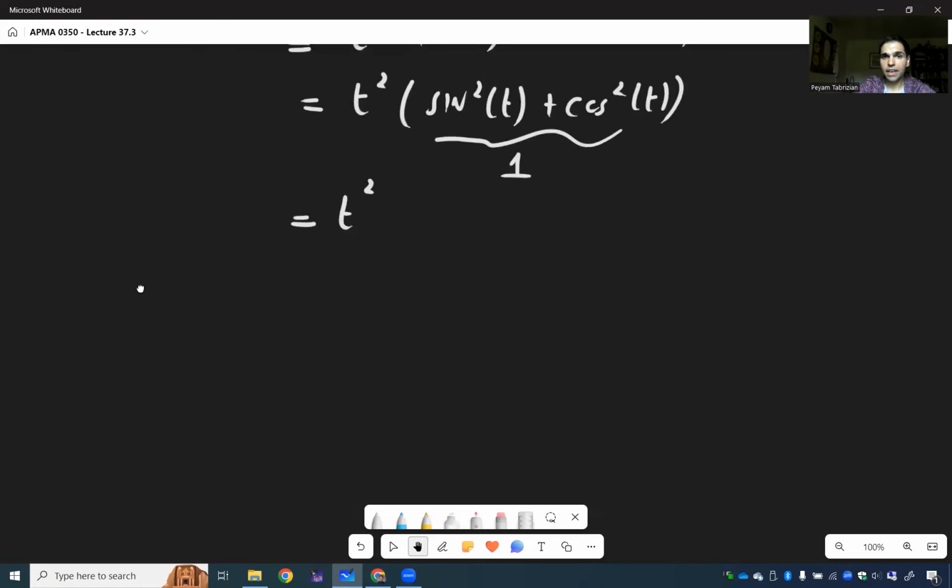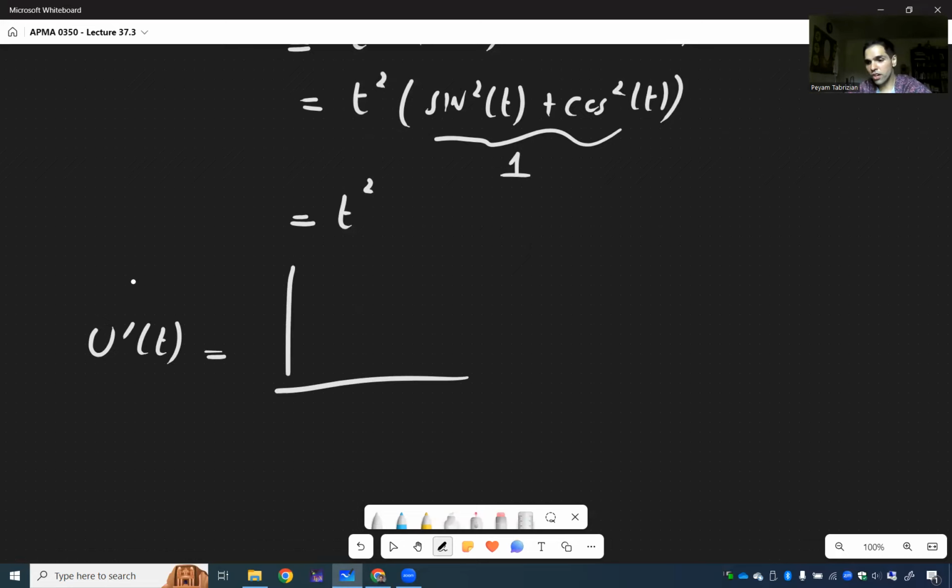That's one thing. And then for u prime of t, remember, we replaced the first column by the inhomogeneous term, which was t, -t. The rest was still the homogeneous solution. So we have t cosine t, t sine t, divided by our denominator, t squared.